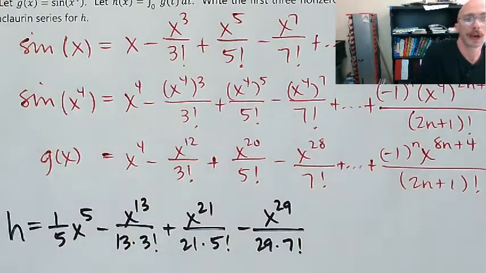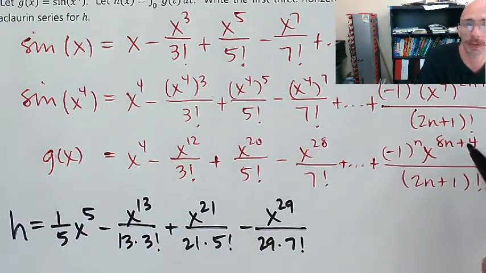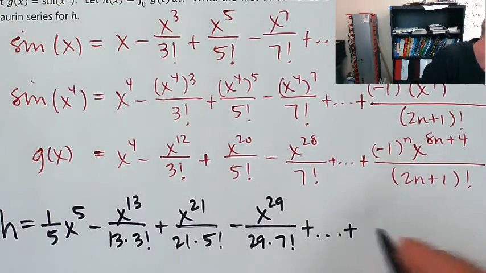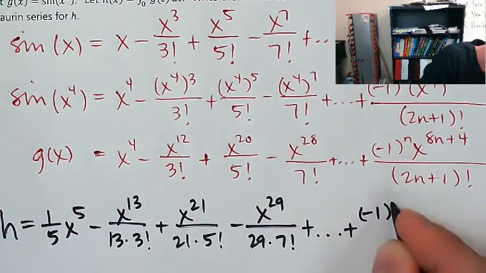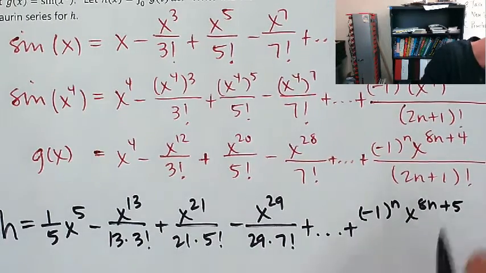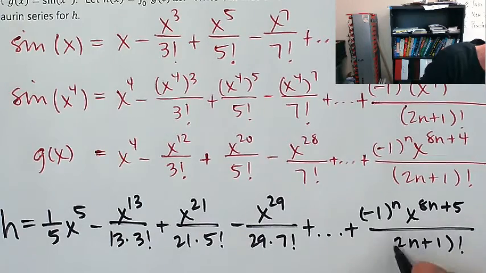And now what I've been doing this whole time has been adding 1 to the power and dividing by the new power. So that's exactly what I'm going to do to the general term. So I have 8n plus 5 divided by 2n plus 1 factorial.